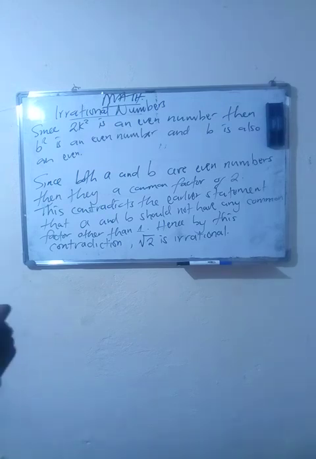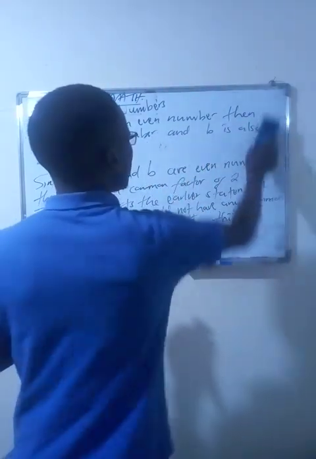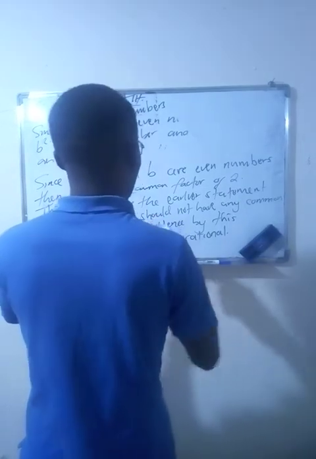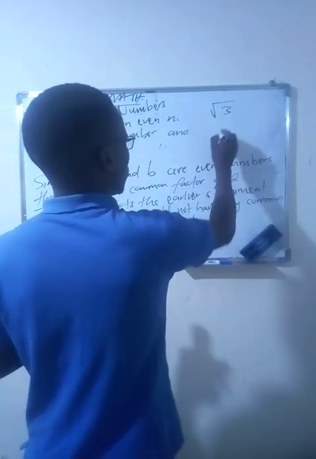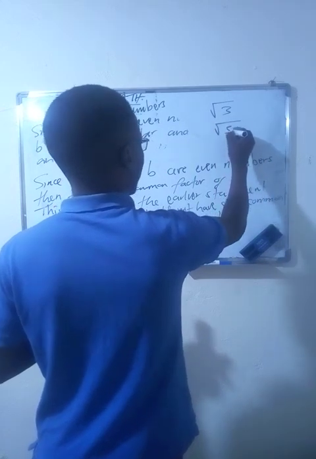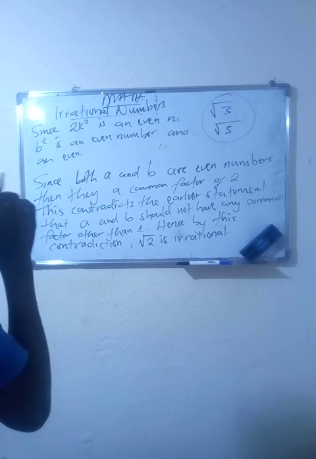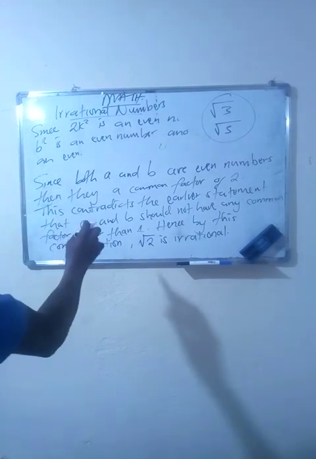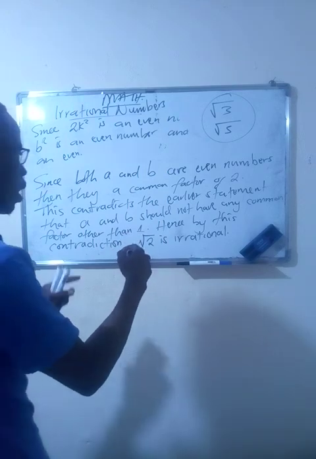Now I'm going to give you an assignment because of time. I want you to prove that root of 3 is irrational, and root of 5, just these two. Now remember I told you that here we are dealing with 2, so that's why we are using the word even.